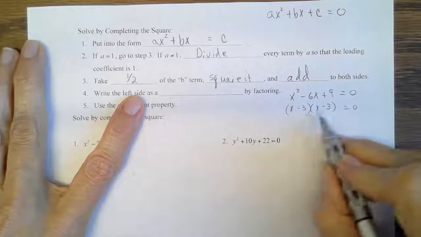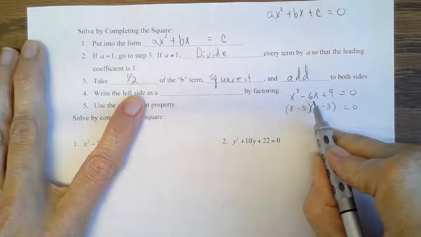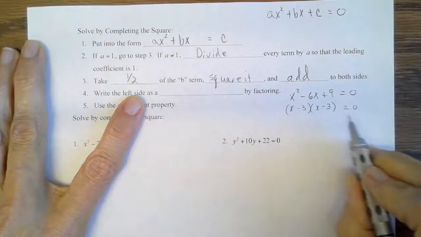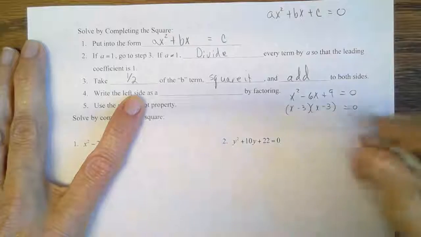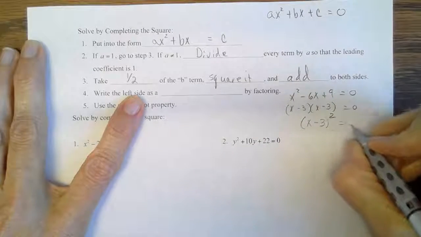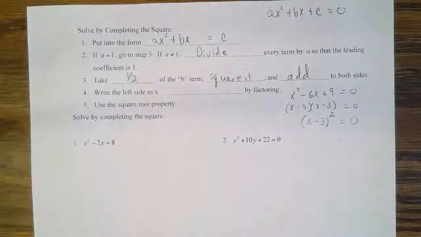Inner is going to be the minus 3x. Outer is going to be minus 3x. That's where the minus 6x comes from. Minus 3 times minus 3 is plus 9. This is a perfect trinomial square because both of these binomials are the same thing. In other words, (x minus 3) quantity squared equals 0. And this is called a perfect trinomial square.